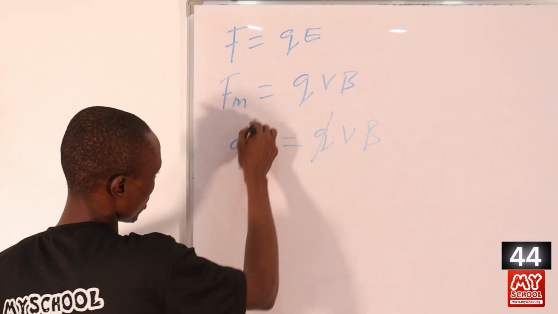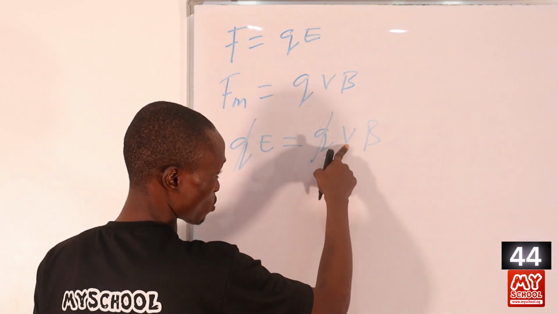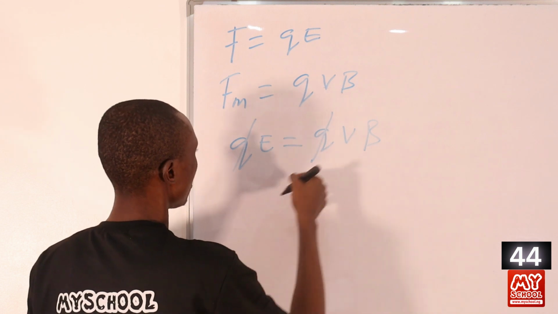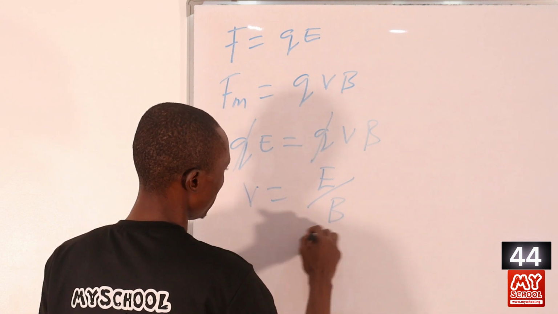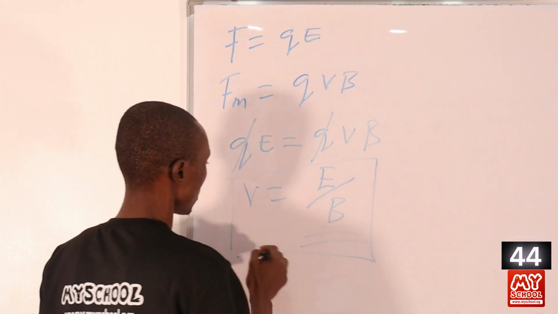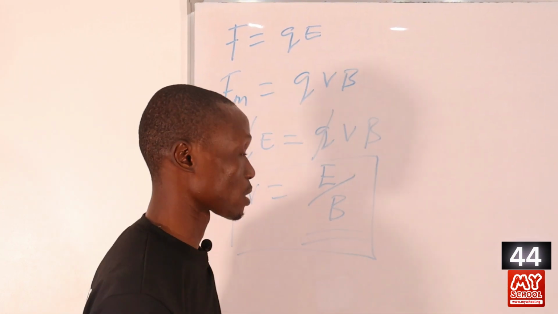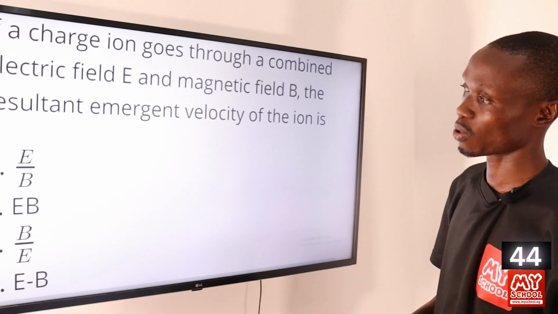Q on both sides cancels out. Since we are looking for the value of V, we make it the subject of the formula by dividing both sides by B, so that V is equal to E divided by B. This is the value of the emergent velocity. Let's return back to the screen to pick the correct answer to this question, and that is option A, E over B.